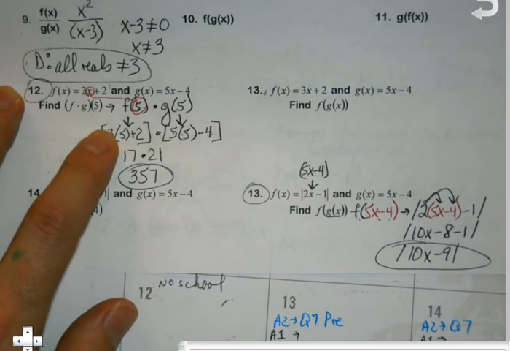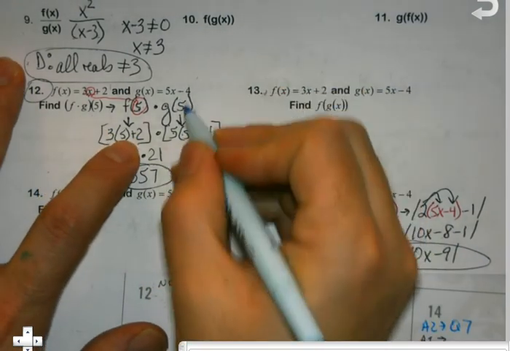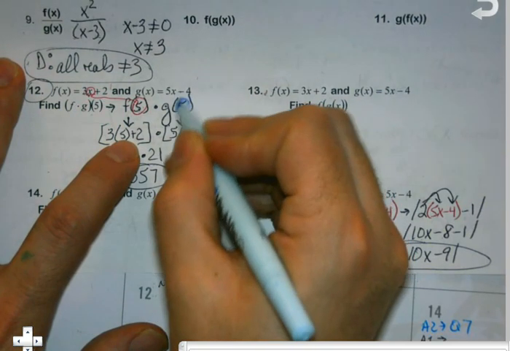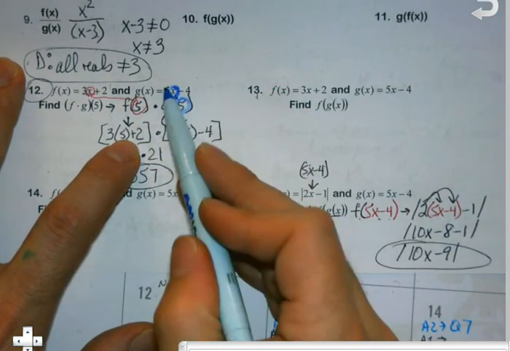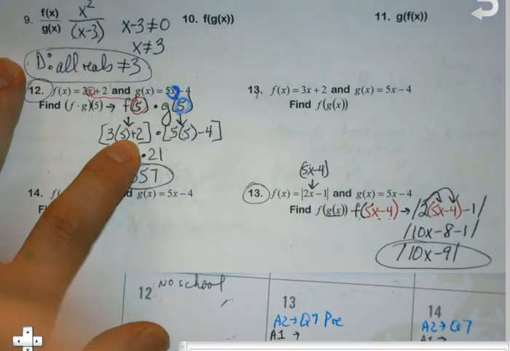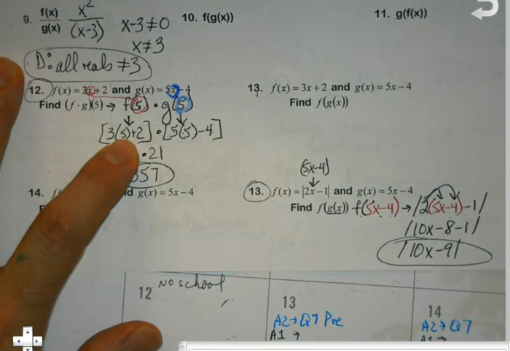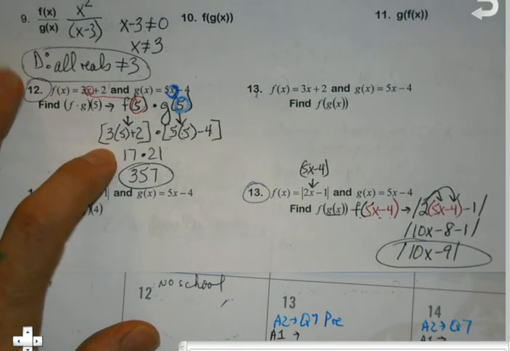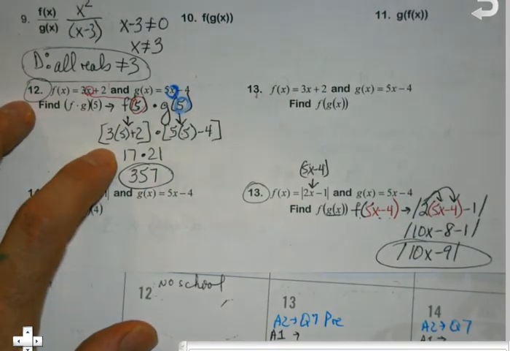Or over here, my 5 here, since it's g, is going to replace this x. So 5 times 5 minus 4. It's just lots of f's and g's and variables and numbers. Yeah, it's one of those you've really got to take your time on. Because otherwise, as I showed perfectly as a good example myself, you can mess it up.